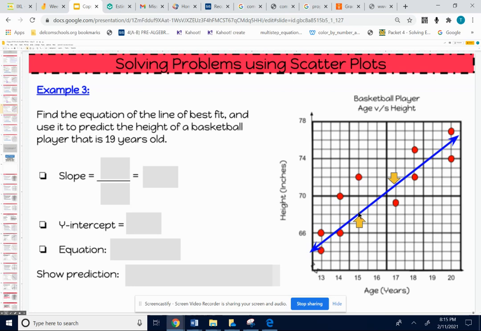But if you look real carefully at the axes, the numbering, look at the y-axis. Look at the heights. Here's 70. Here's 74, and there's 1, 2, 3 in between. It looks like they're counting by ones. So this is 70, 71, 72, 73, 74. The y-axis is counting by ones.